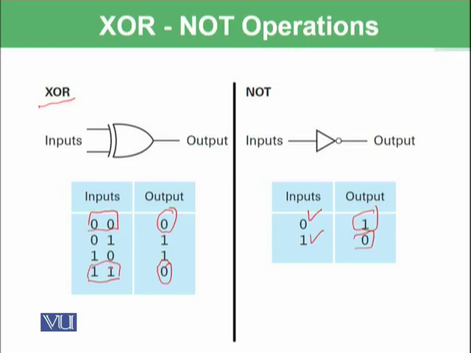And exclusive OR produces an output of 1 when the inputs are opposite, so either one is 1 and the other is 0. So you can also say that exclusive OR is used when you need an output of 1 when either of the inputs is 1, but not both of the inputs are 1.